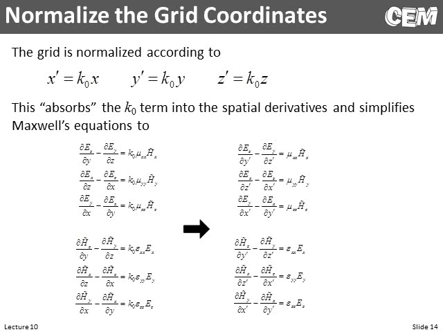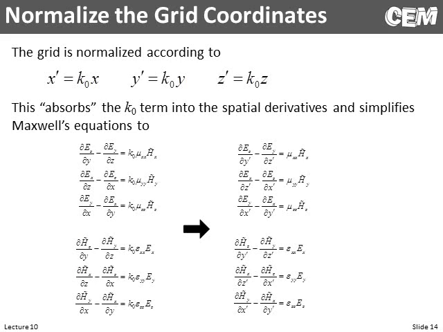So the first thing we'll do is normalize the grid coordinates. And we're multiplying by k0. As we mentioned before, this is essentially dividing the physical dimensions by wavelength. So our dimensions end up unitless and on the order of 1 instead of 10 to the minus 6 for microns or something really small or really large.